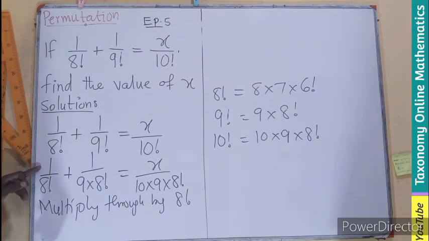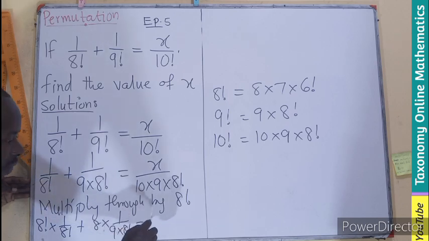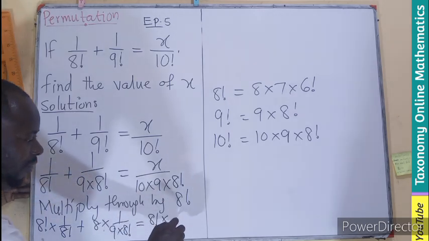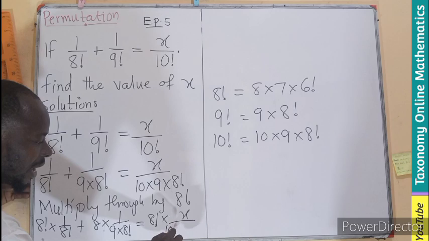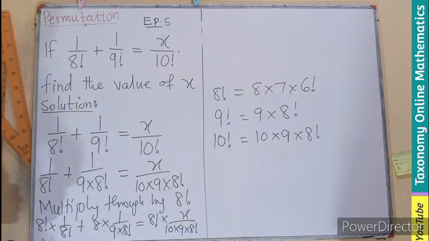Simply put, if you multiply here by 8 factorial, it should be 8 factorial times 1 on 8 factorial, plus 8 factorial times 1 on 9 times 8 factorial, equals 8 factorial times x on 10 times 9 times 8 factorial. What do you think will happen?